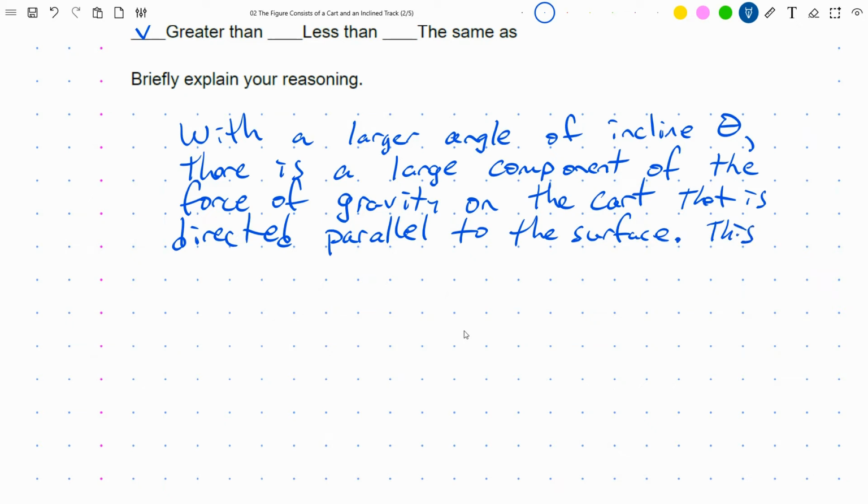This will cause a larger acceleration for the cart.